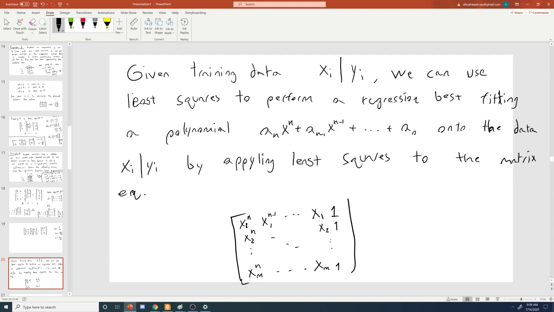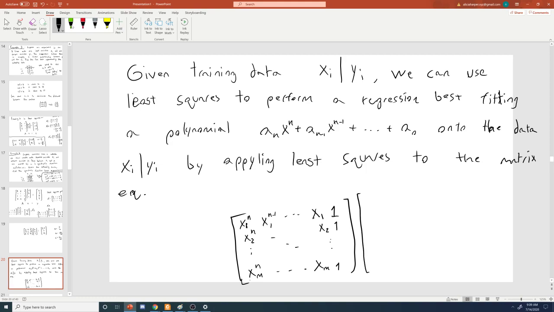So we get this big matrix that we build basically by using our input variables xi, our independent variables, and we make the first column the nth powers, the second column the n minus 1 powers, and so on, and finally in the final column we just have our constant terms.